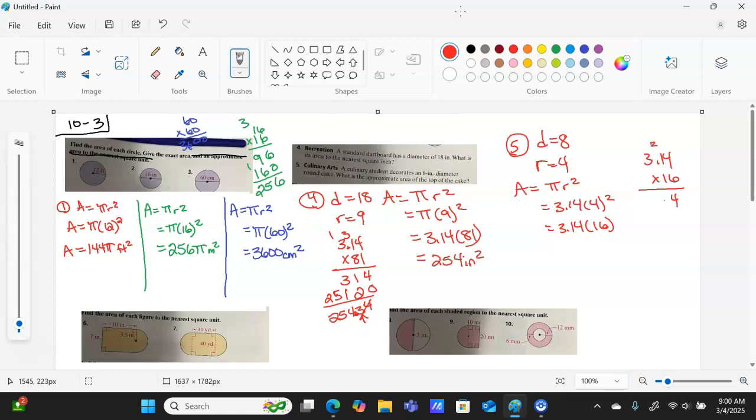Carry the 2. 6 times 1 is 6. Plus 2 is 8. 6 times 3 is 18. Placeholder 0, a 4, a 1, and a 3. 4, 12. Carry the 1, 10. Carry the 1, 5. So we get 50.24 inches squared, which if you looked in the back, it would just say 50 inches squared. So they went to the nearest square inch.